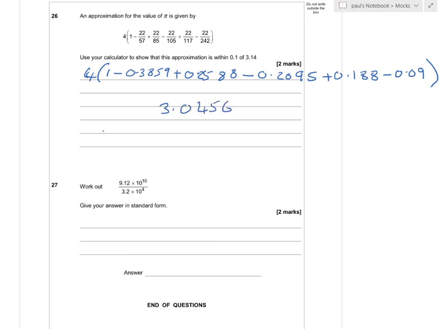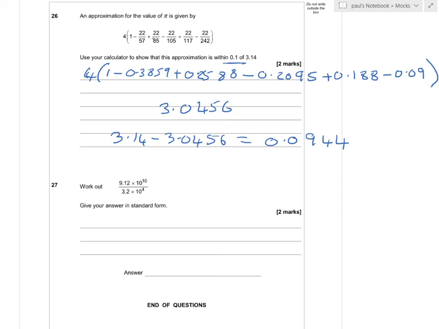So 3.14 minus 3.0456 equals 0.0944. So yes, it's within 0.1.